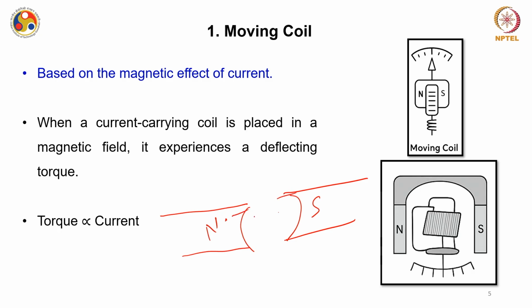And I have some coil, say this coil is wound on a certain material, and say a certain current is flowing through it.